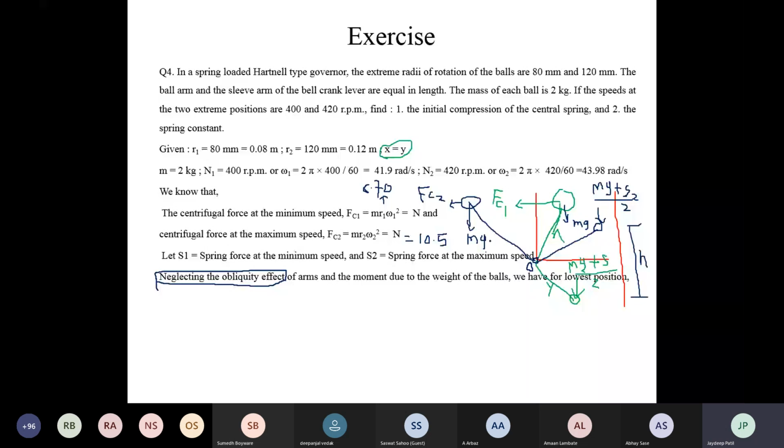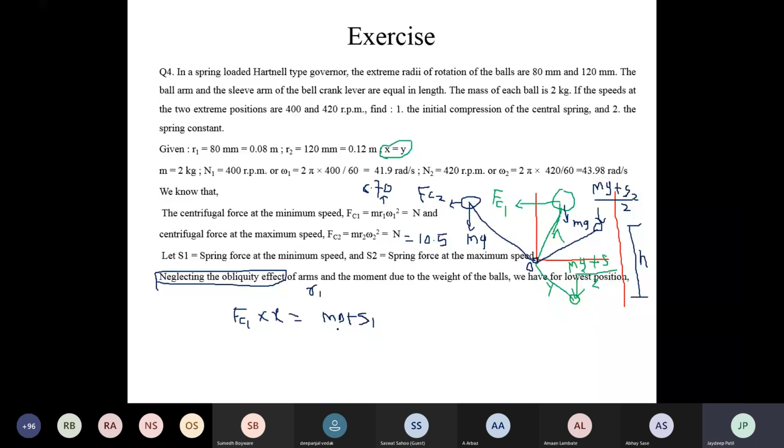If you consider here the minimum position, or r1, what is the equation? Anyone? FC1 into x, correct, is equal to (capital mg plus S1) upon 2 into y.